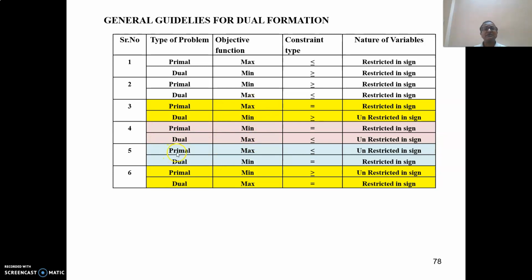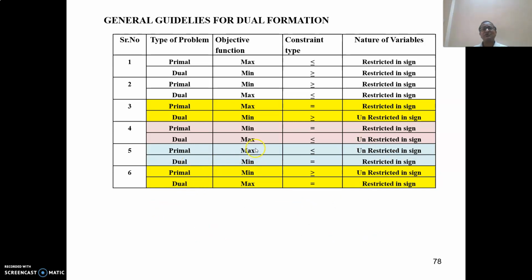Case 5: the primal objective function is maximization, the constraints are less than type, and the variable is unrestricted in sign, that is, some variable has a plus sign as well as a minus sign, and in that case it is called unrestricted.